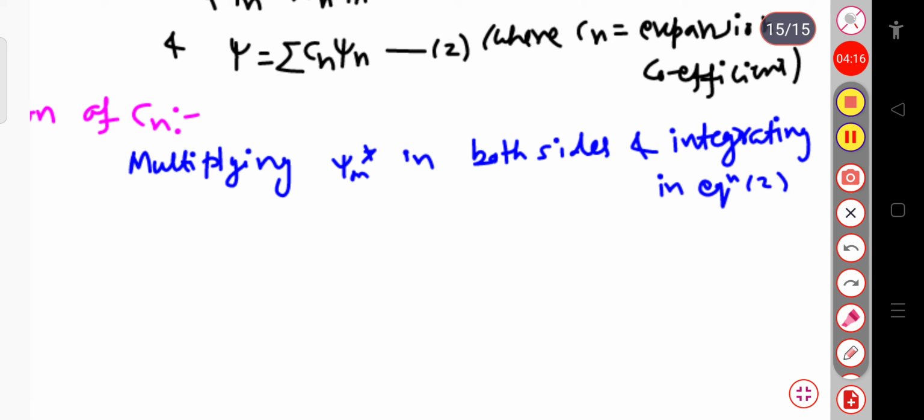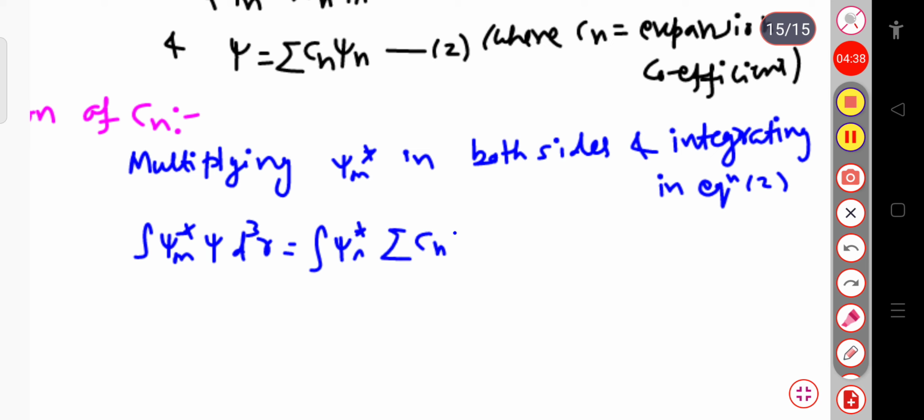This expression you can see is your equation 2. So the integral of psi m star into psi d tau will be equal to the integral of psi m star, sum over Cn psi n, d tau.